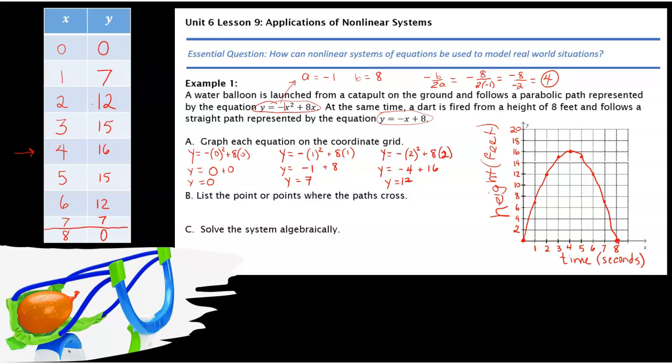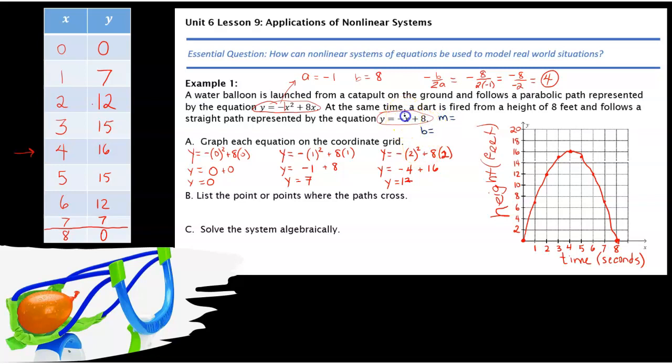Okay. The next thing we need to do is graph our linear equation, y equals negative x plus 8. For this one, I'll change the color, and there's two things that we need to identify here. We need to know the slope, and we'll need to know the y-intercept.